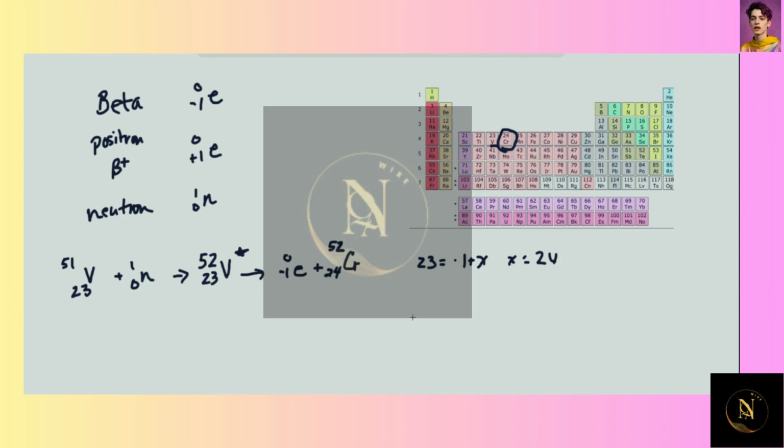We can write this in shorthand notation, which is the reactant nuclide, and then in parentheses, the particle going in, followed by the particle going out, and then the product nuclide.